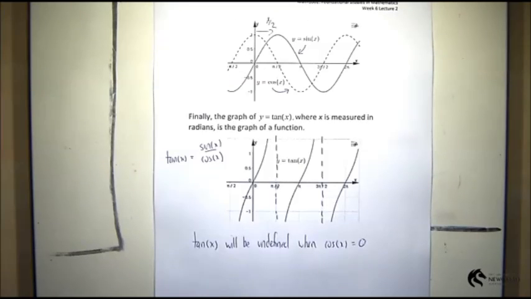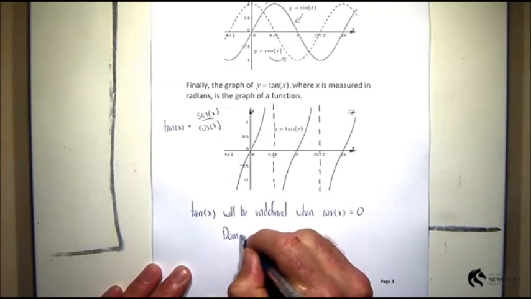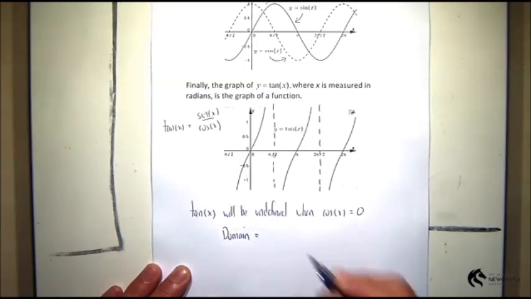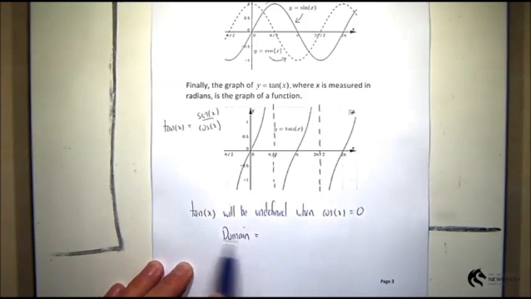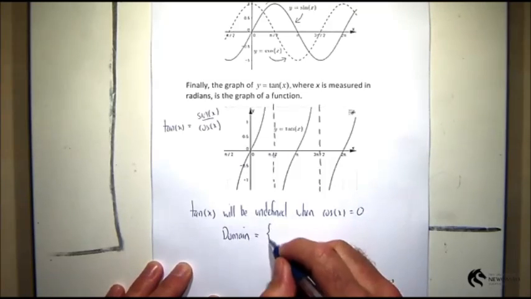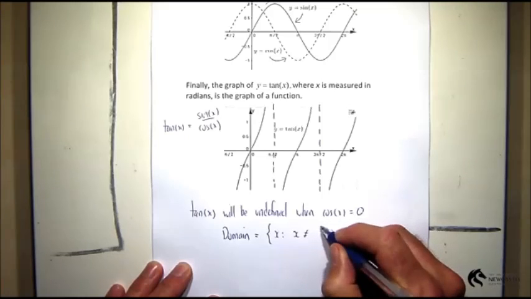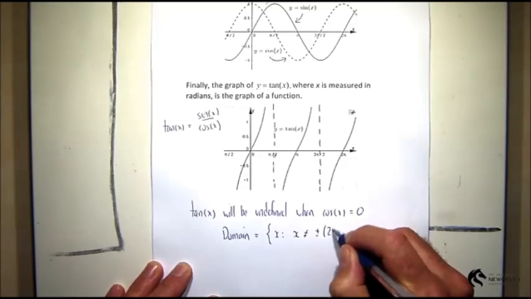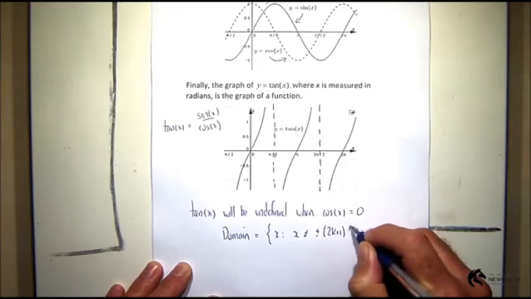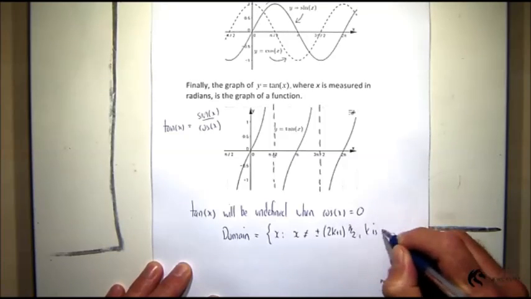And so I can say the domain of the tan graph. Essentially, I'd probably be happy if you said the domain is all the values of x except where cos x is 0. But we can write that in a fancy way. I can say it's the set of x values such that x is not equal to plus or minus (2k plus 1) times pi on 2, where k is an integer.